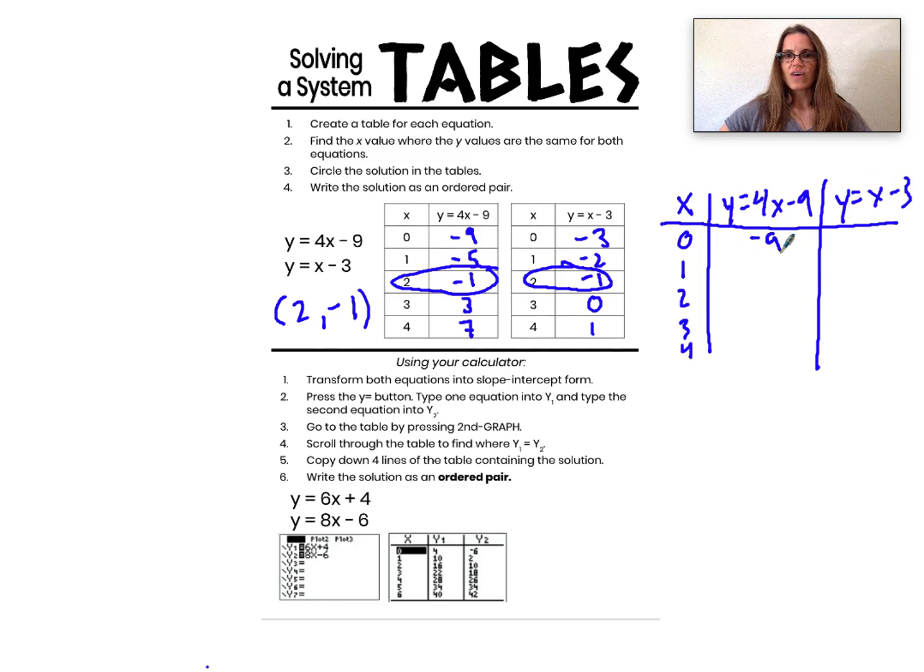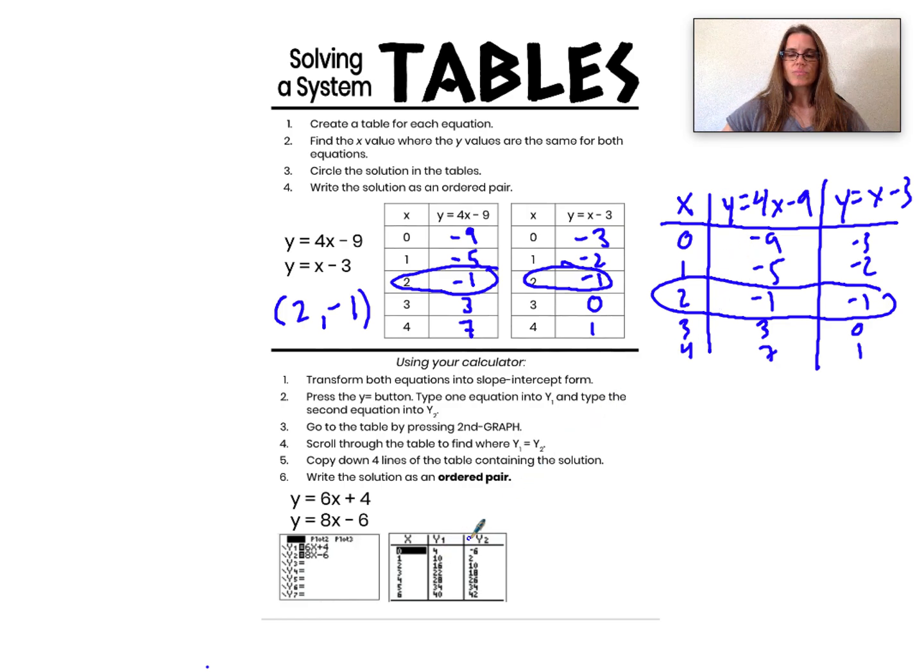So I would have the same values. And then I would need to look for the x value where the y values are the same. These two tables contain exactly the same amount of information, but I'd say this double table is the more common way to organize that information.